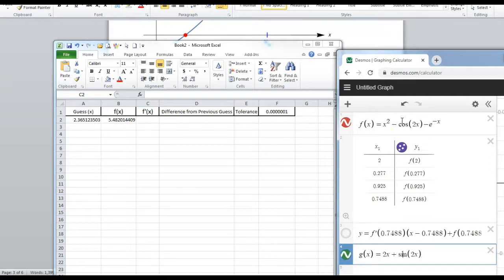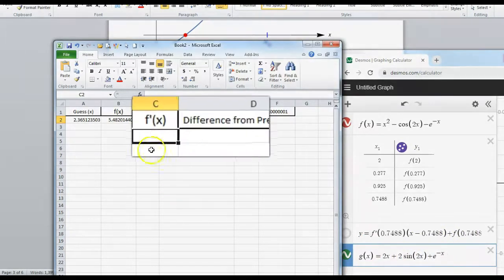Chain on the derivative of what's inside, so I'd have a 2 right there. Then what's the derivative of e to the negative x? That's negative e to the negative x. And once again, there's a negative already there, so plus e to the negative x. So there's my derivative.